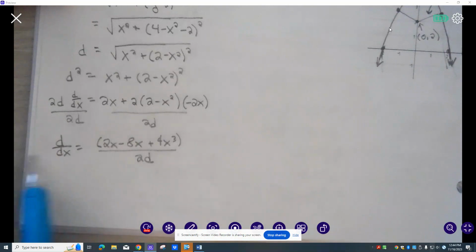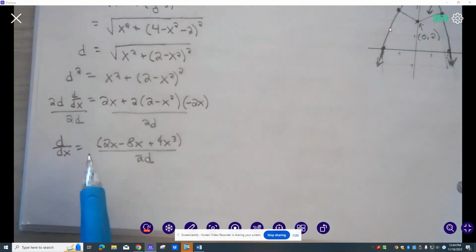Okay, so this is my derivative. Now I want to set it equal to 0 and solve. Now remember, I only need to have the numerator equal to 0.